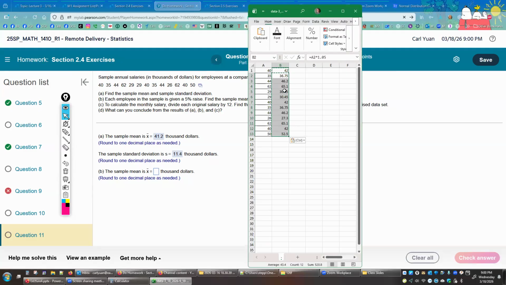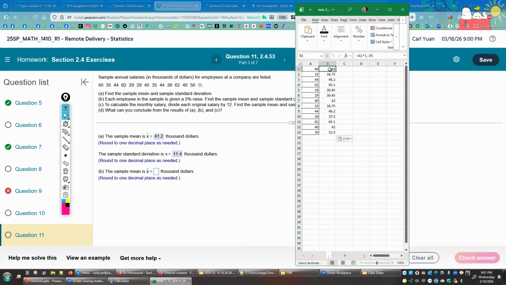So all these numbers now have the 5% raise.